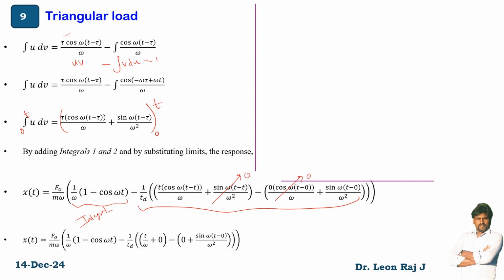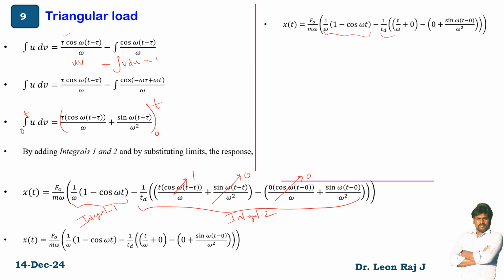This is integral 1, and this is integral 2. Further it is simplified: 1 by td, t by omega, and the sin omega t remains the same. So it is further simplified as x of t equal to f0 by m omega into 1 by omega (1 minus cos omega t).